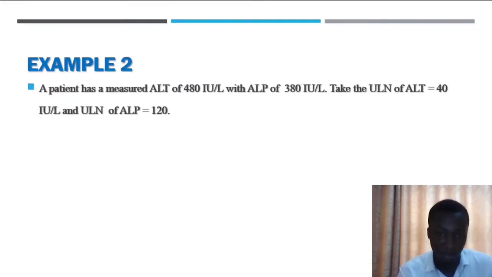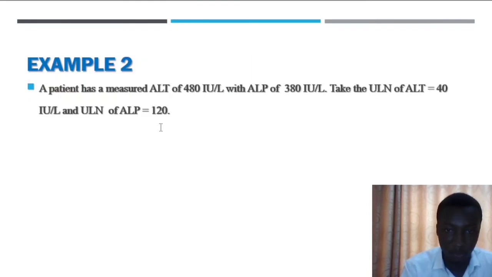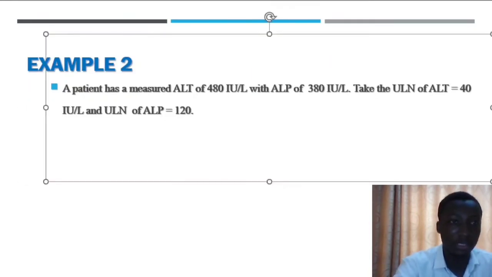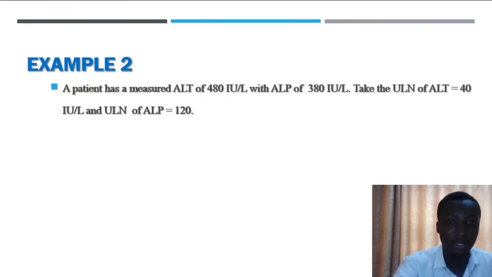Alright, so let's move on to the next one as well. Example 2. You can pause the video and try solving it as well, and when you are done, we will discuss it together. So, solution to this example. The R value will be equal to ALT, that is 480, divided by the upper limit of normal of the ALT, that is 40.